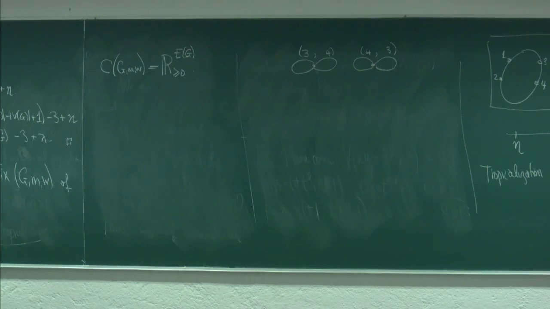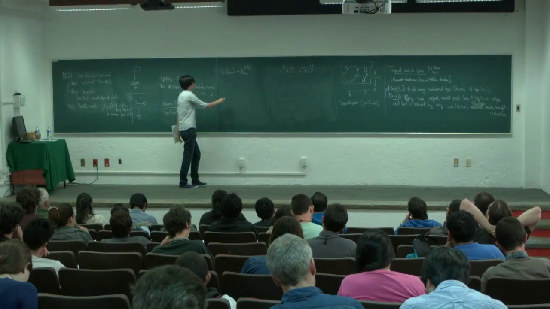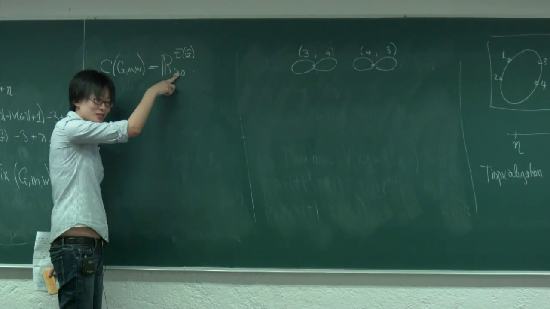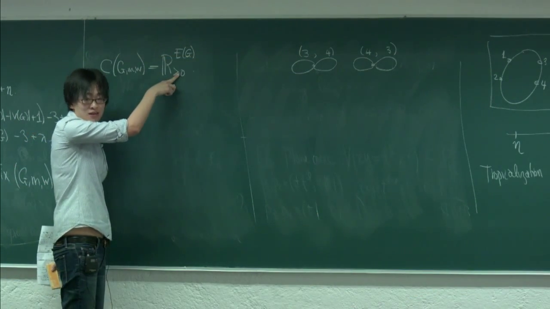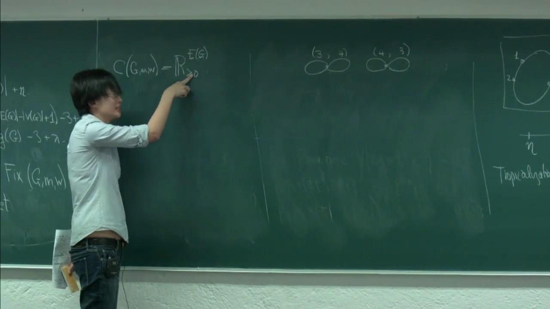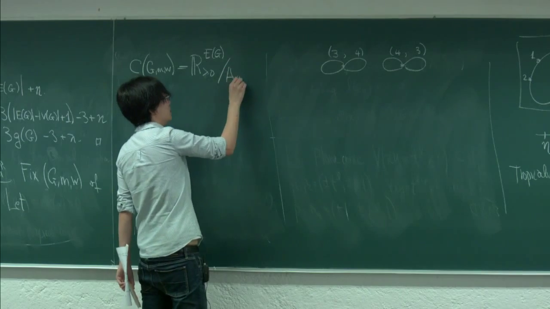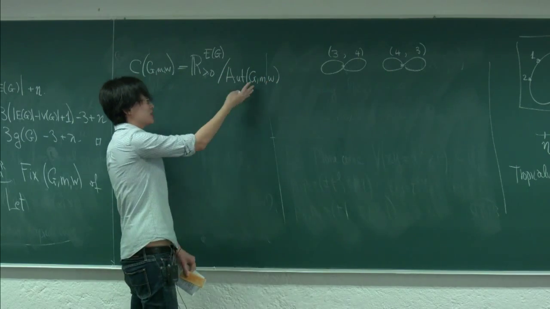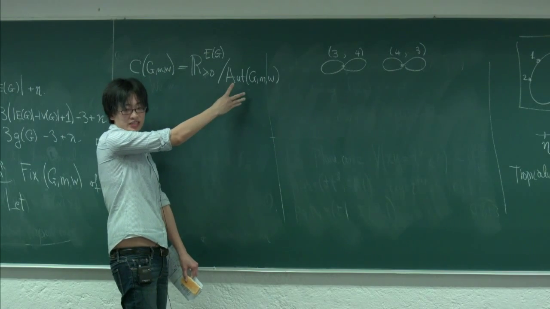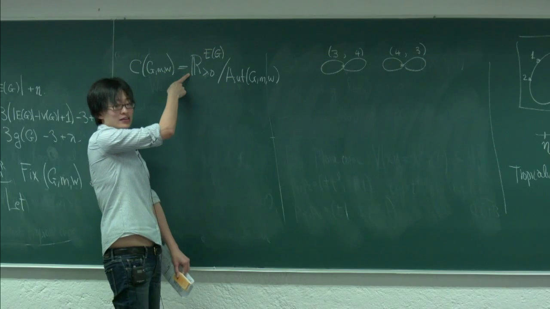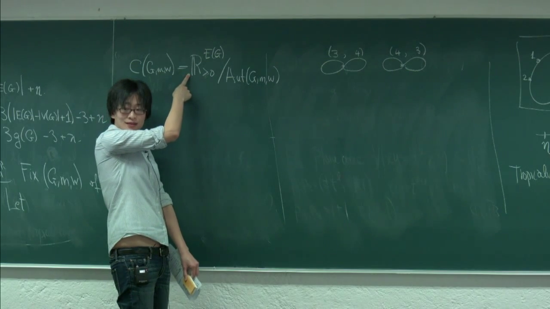So what we would like to do, therefore, is to consider the open cone consisting of all possible length functions from the edges to positive real numbers, modded out by the action of the automorphism group of the combinatorial type. So this automorphism group induces some permutation of the edges, and the permutation of the edges induces the corresponding permutation of the points in this open cone.